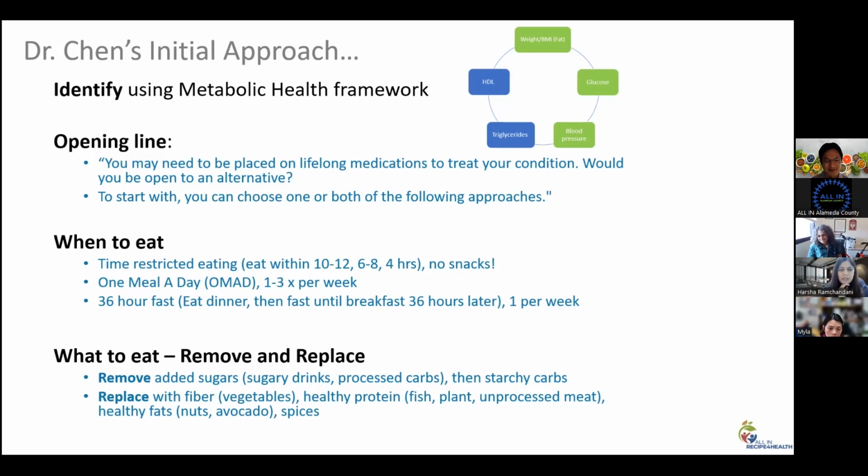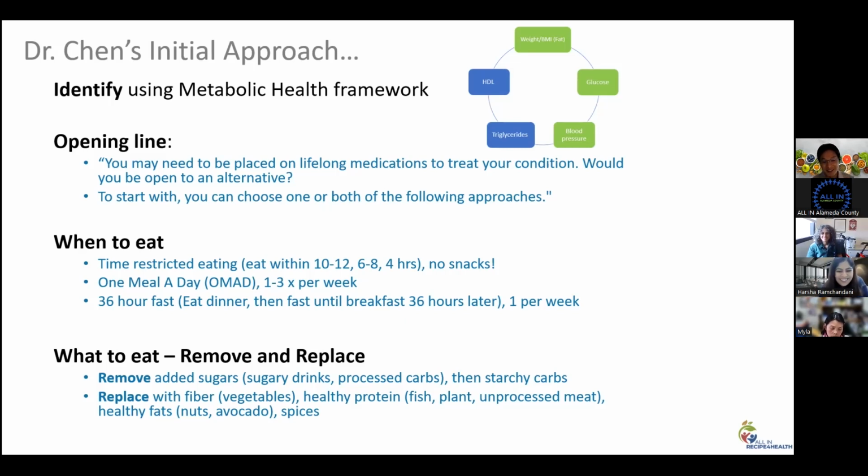So I just try to replace a little bit, like instead of having this much rice and this much vegetable, you just change it, make more vegetable and less rice, or cut it down. So that's the approach I take. But this is great for the younger patients or patients who are able to definitely change. And maybe I should try that. When I was listening, I'm like, okay, I should try a 36-hour fast myself.